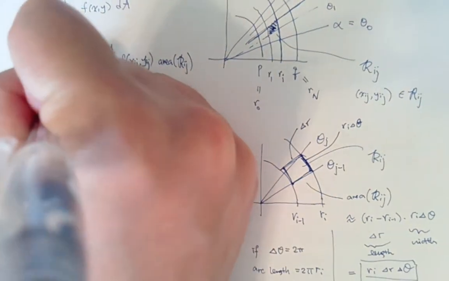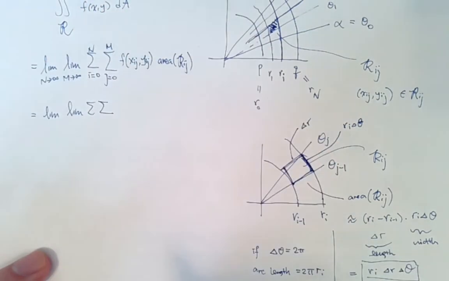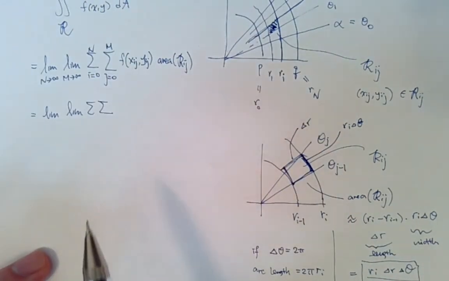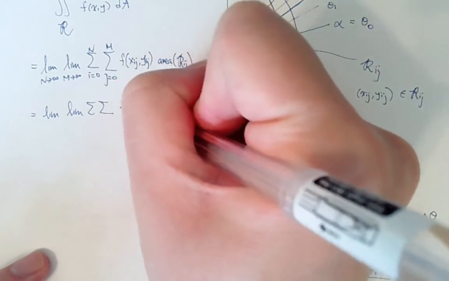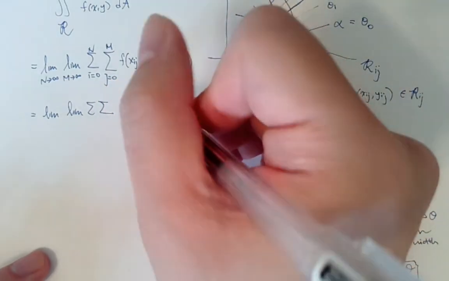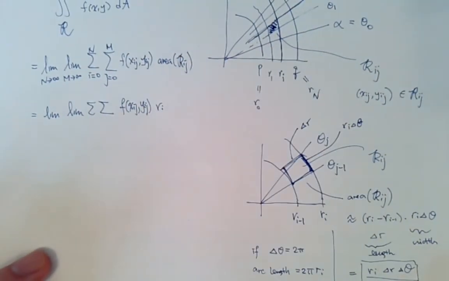So this is equal to limit of sum. I'm too lazy to write out the details now. Okay. Of f of x sub ij, y sub ij, and then the area is r sub i delta r delta theta.